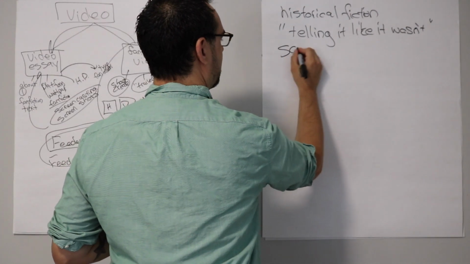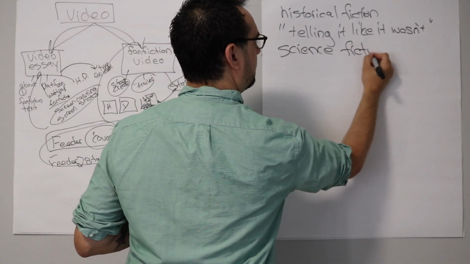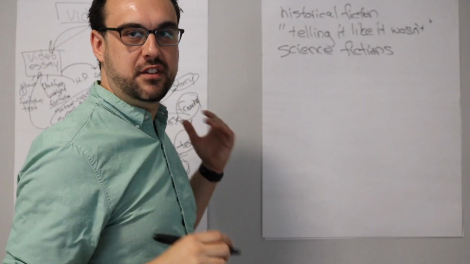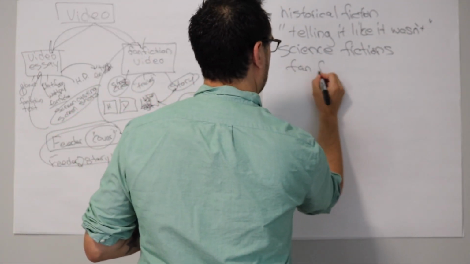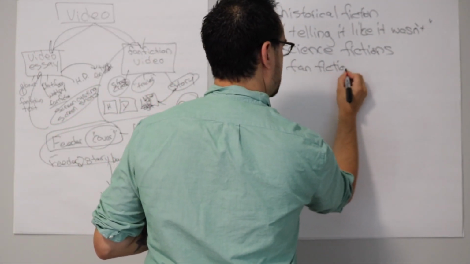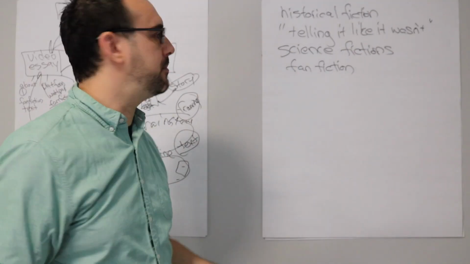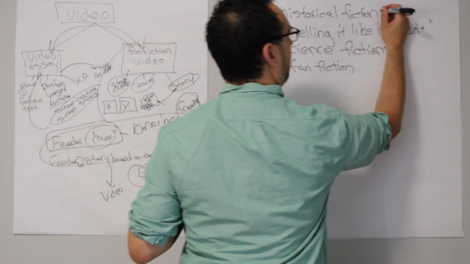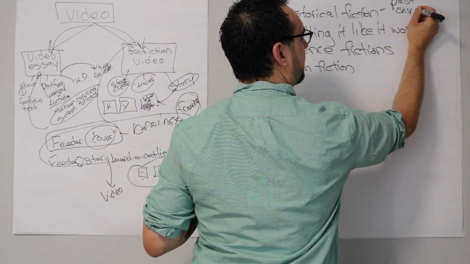There's science fiction, right? So the different ways of doing this, and we can say fan fiction. Okay, so this is where the commentary comes in. So historical fiction typically goes into the past, right? But it says something about the present.